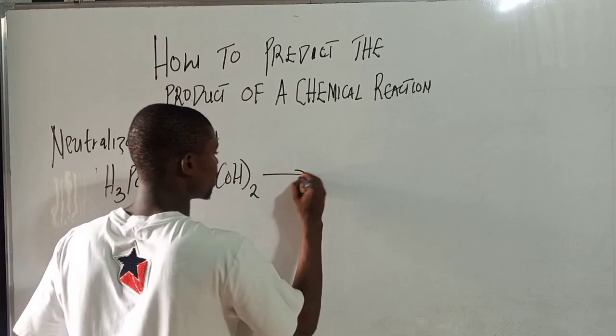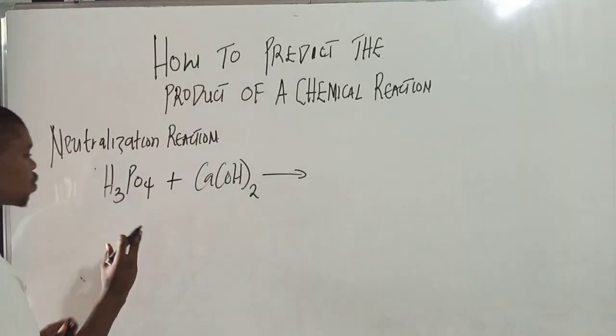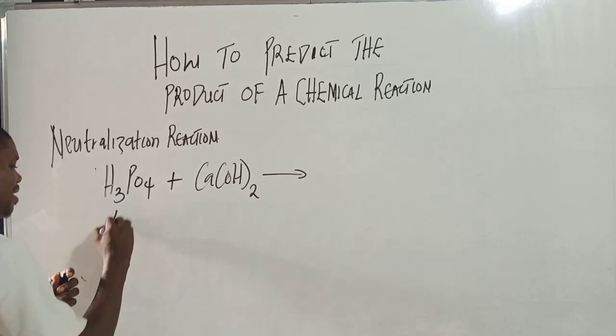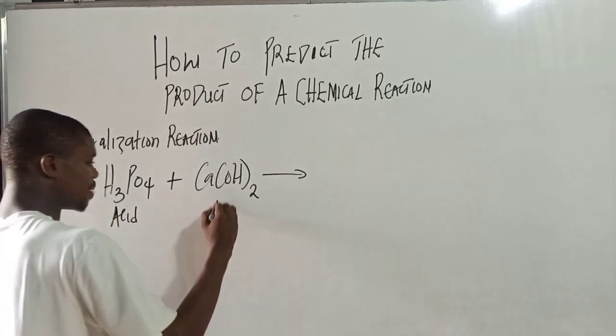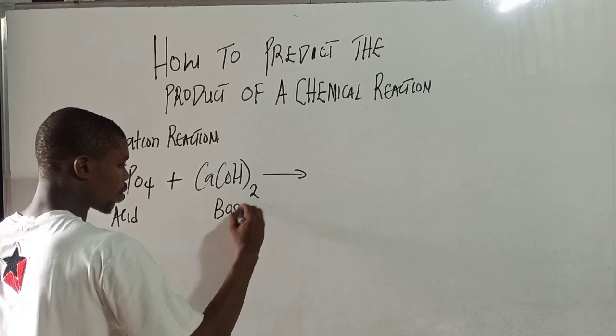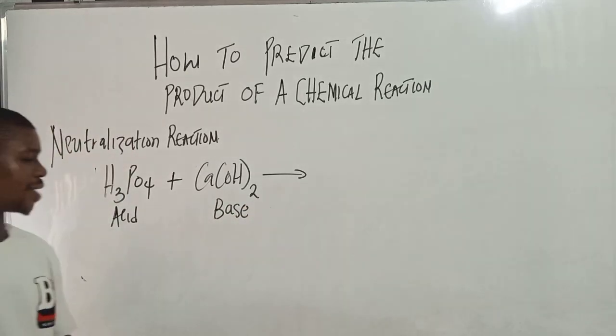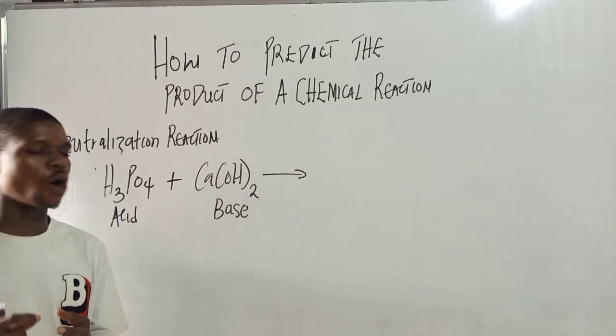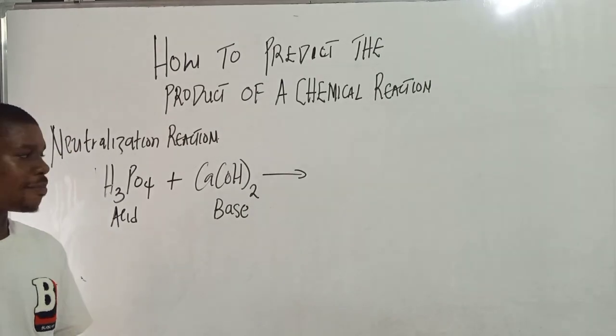So let's look at this one here. The first thing you want to do here is break this one into each various ion. This is the acid. Here is the base, right? Acid and base. So in the sense that PO4, we have a polyatomic ion, which is called PO4 3 minus.